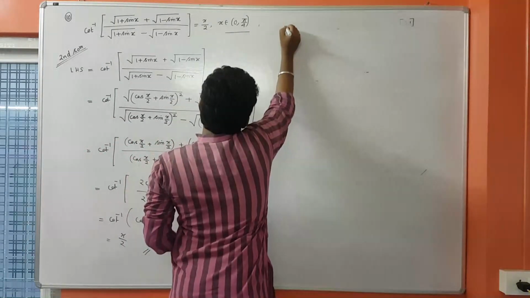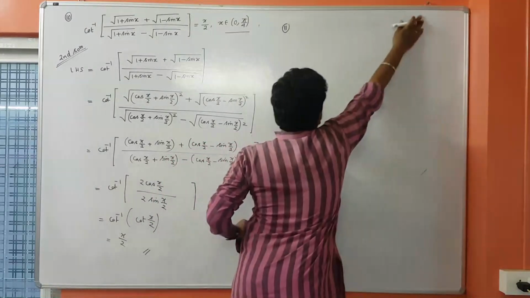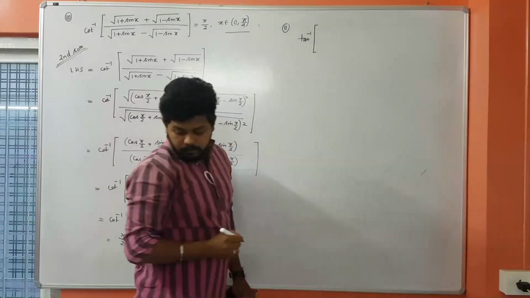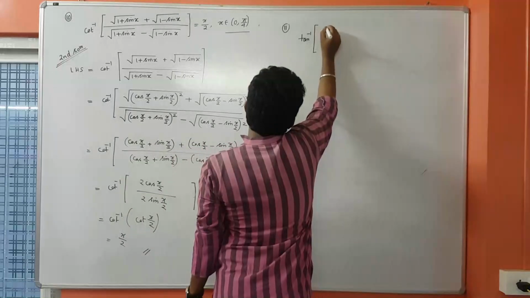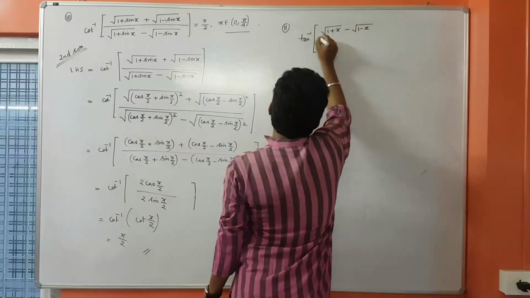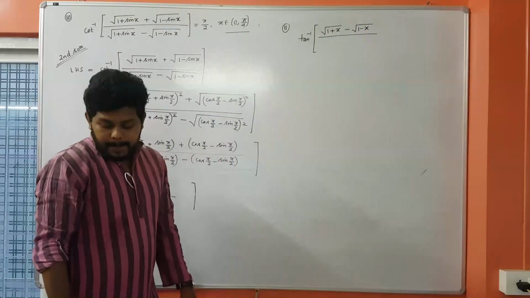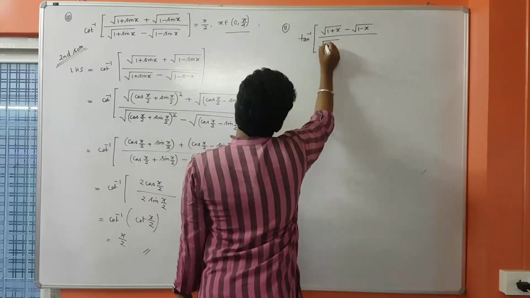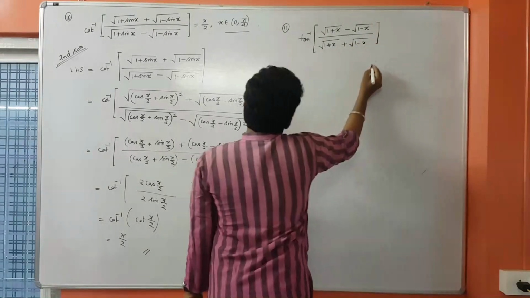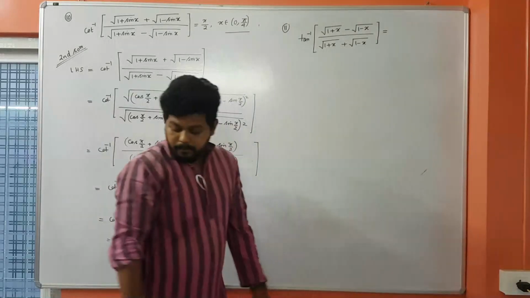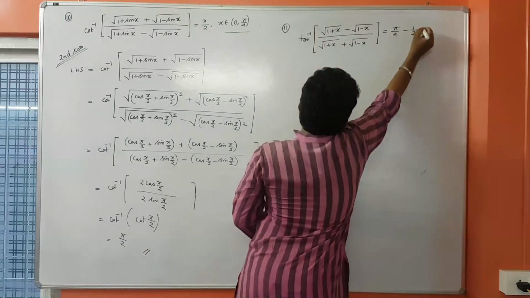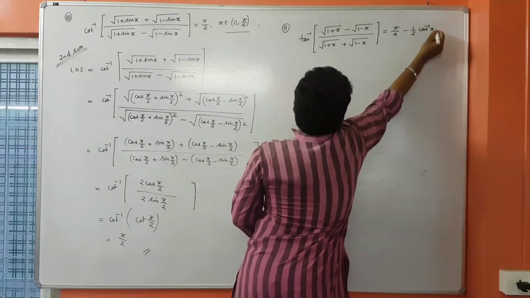11. You have to prove that tan inverse of square root of 1 plus x minus square root of 1 minus x divided by square root of 1 plus x plus square root of 1 minus x is equal to pi by 4 minus half of cos inverse of x.